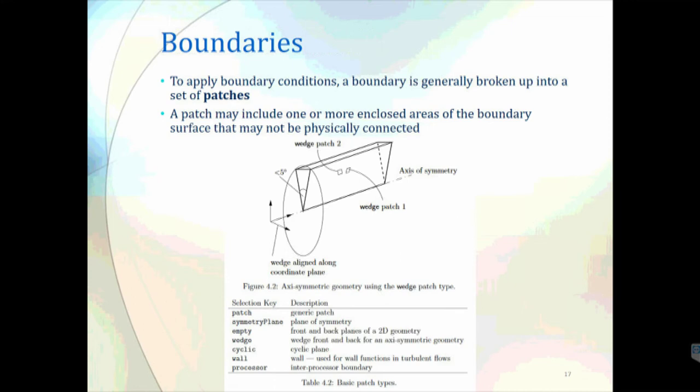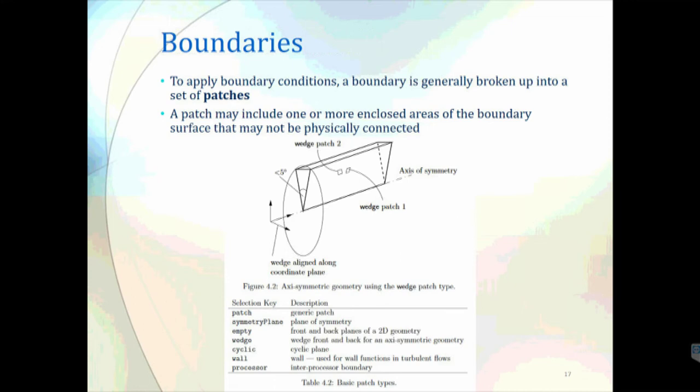You will have this face and the other face. You can see this face where there is this wedge patch 1 and the face at the back. Those faces have to be defined as wedge boundary condition faces to have an axisymmetric boundary condition.